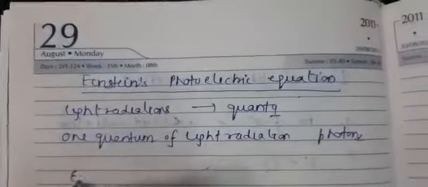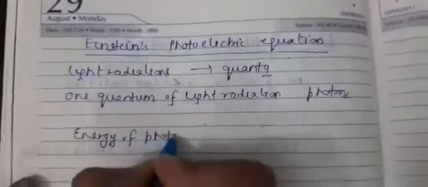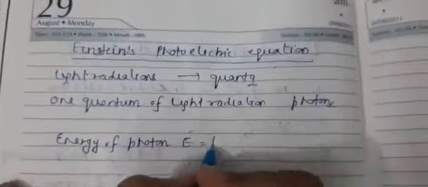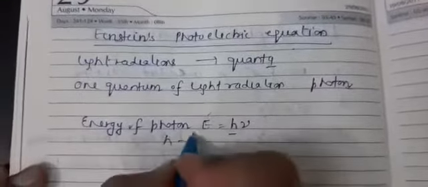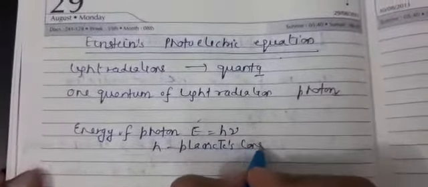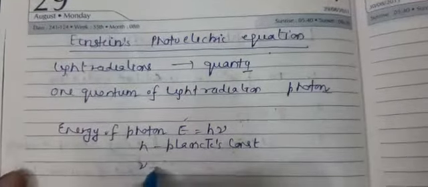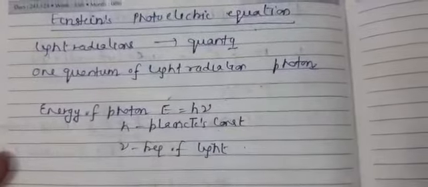So what will be the energy of a photon? This energy is given by h nu, where h is Planck's constant and nu is the frequency of light radiation.